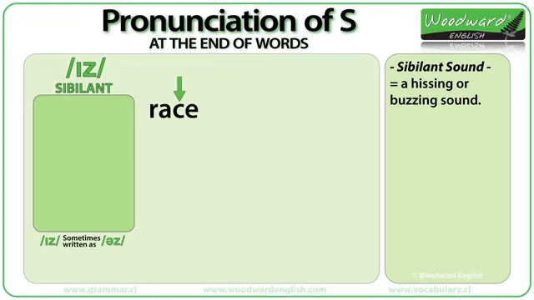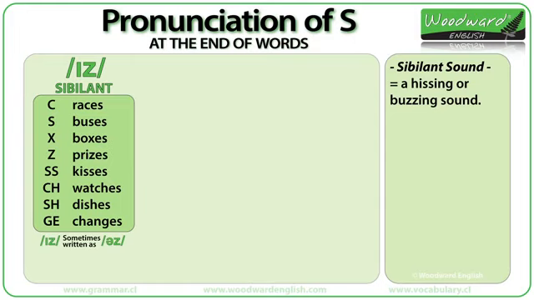You can hear the hissing at the end of the word. So when we add an S to the end of the word, in plural, it becomes races. Notice how race is one syllable and races is two syllables.